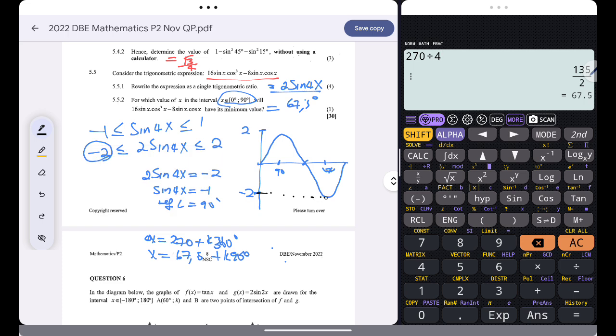You get -2 when x is 270. So I would have just said 4x is equal to 270, then x is 67.5, and then get my mark. But just go through the long route.